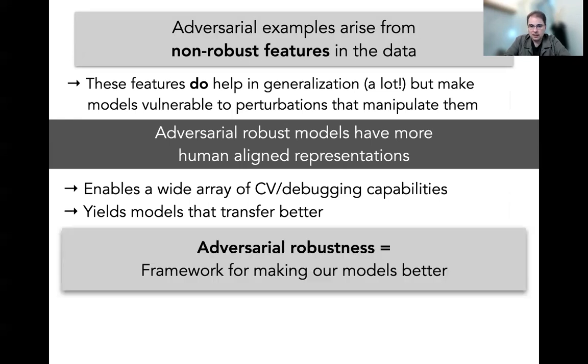In general, adversarial robustness might feel like a completely security-based concept, but the right way to think about it is as a framework for understanding what makes our models tick, how they learn, how they make decisions, and then using this as an intervention, applying interventions to make these models better. What better means depends. It might be that you just want to make them more robust to adversarial perturbations, but maybe you are after something else entirely, and you can still use this toolkit.